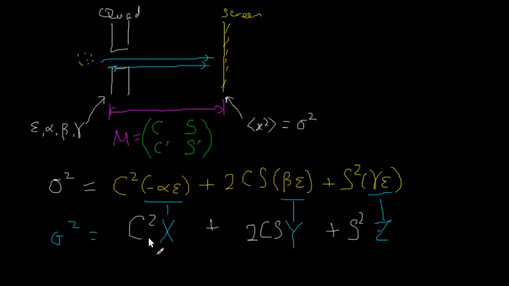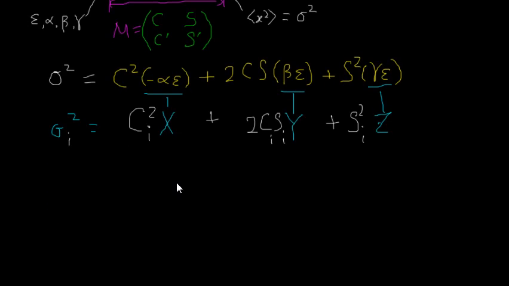Let's say I apply a particular quadrupole strength, and this gives a particular C, which is called Ci. Okay, and that gives a particular sigma squared, which I call sigma i squared. So this is for the number i quad strength.